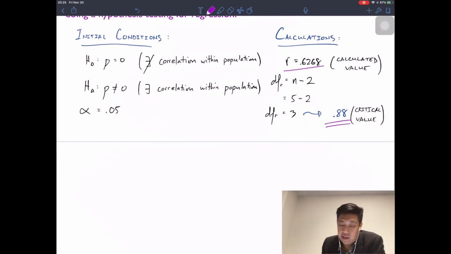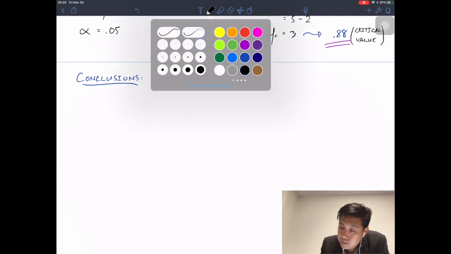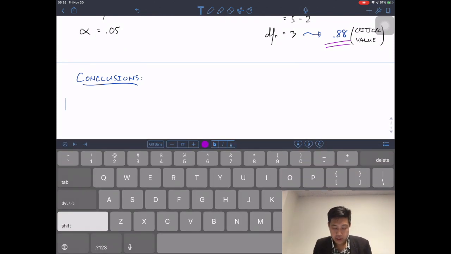Now, the conclusion itself. Now, this one's a little bit unique because it doesn't match the exact criterion as I've taught it in terms of testing one number against another number. You're still testing something, but we're checking the following. Actually, I can type this one out. So we are checking the following statement.